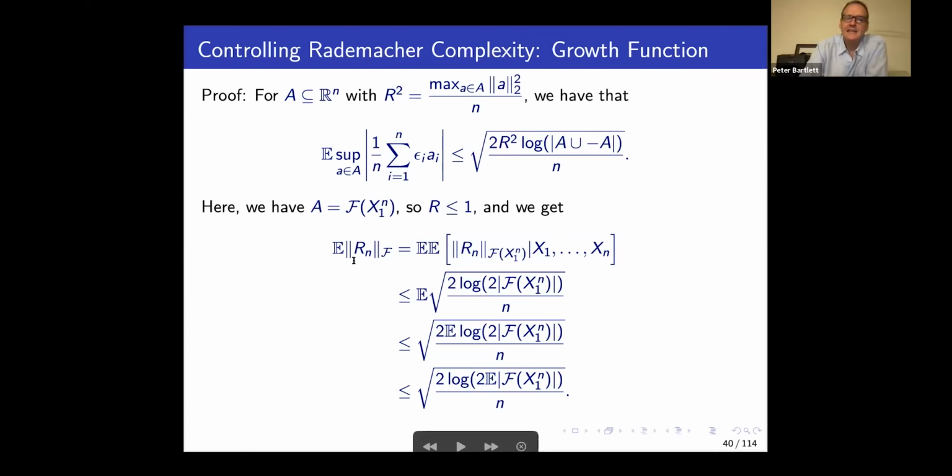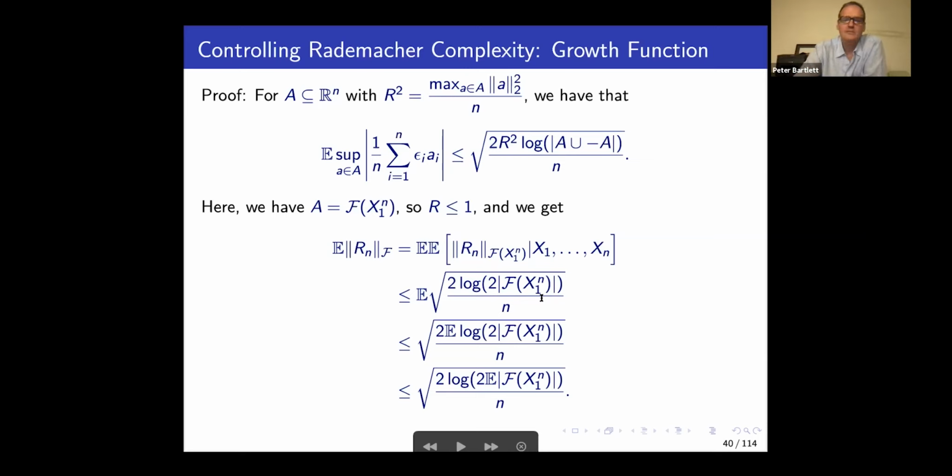And plugging that in, the Rademacher complexity is the expectation of this thing, which we can write when we condition on the x1 through xn as no more than the square root of 2 times the R squared, here is 1, times the log of this cardinality, or twice that, I guess, because we're taking the set of restrictions and its negation.